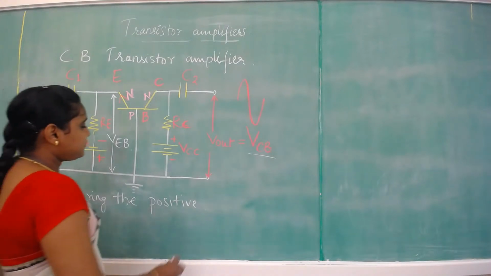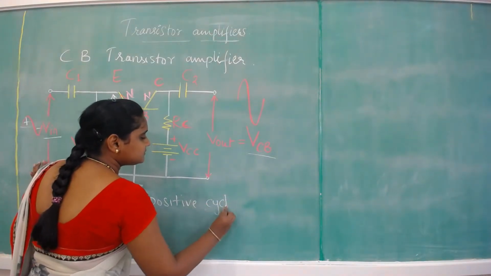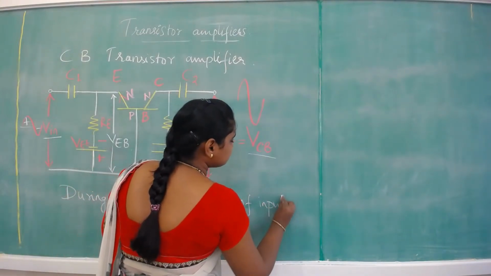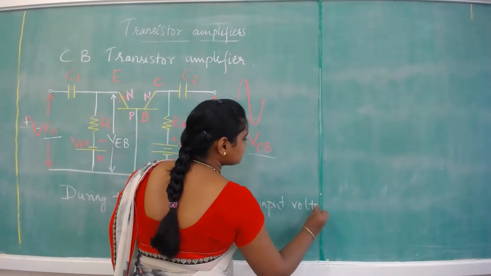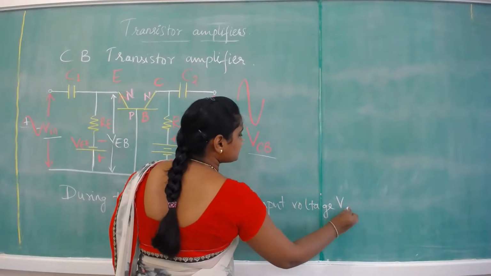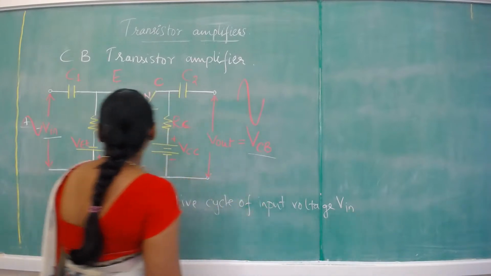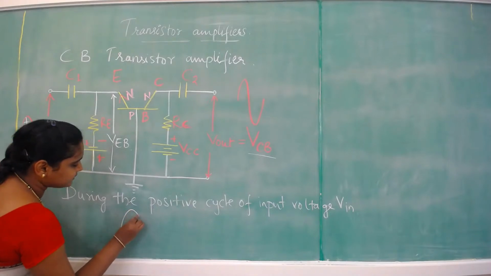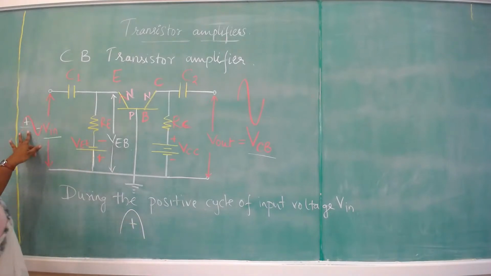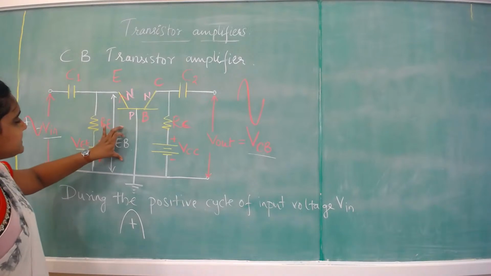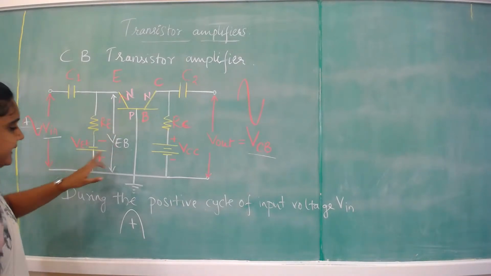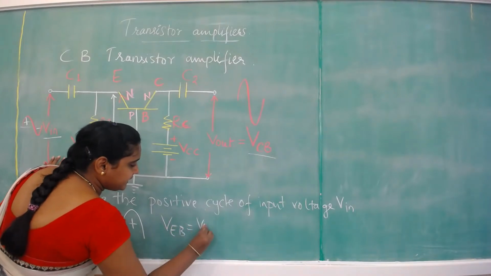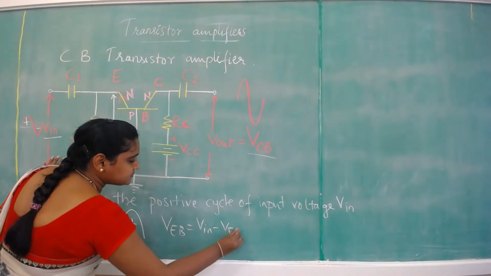During the positive cycle of input voltage Vin, as it is taking higher values, the reverse bias voltage applied here is VEB, and this VEB is given by VEB equals Vin minus VEE.